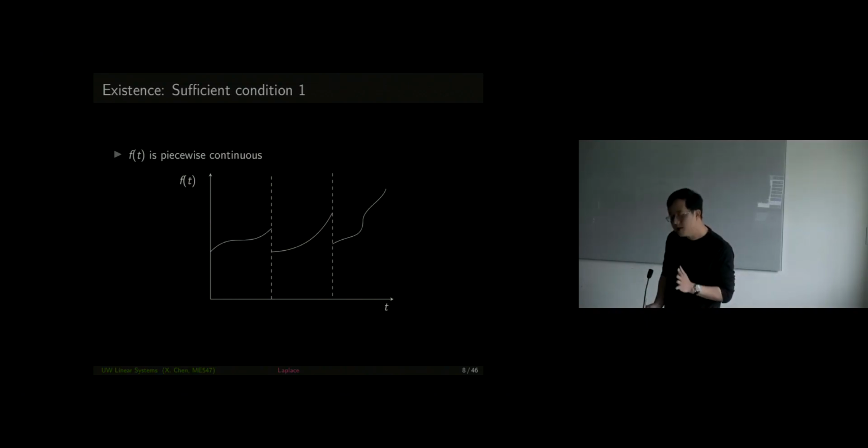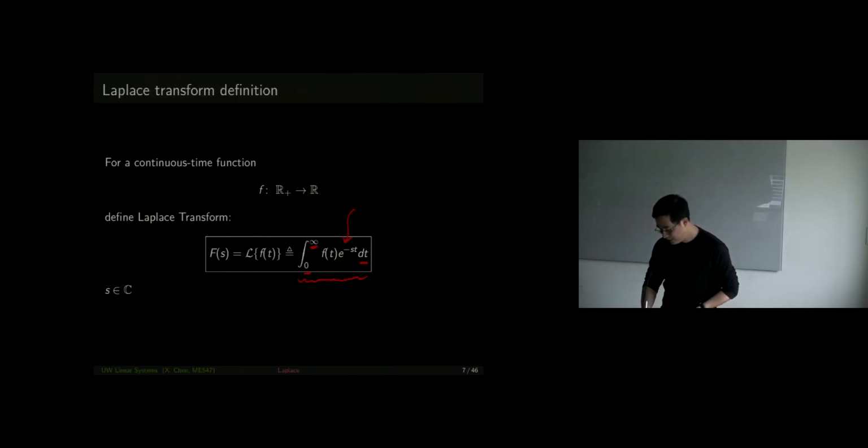Now, anytime that we see an infinite integral, it is important to ask whether this integral actually converges or not. For the Laplace transform, it turns out this integral very easily has a finite convergent value.